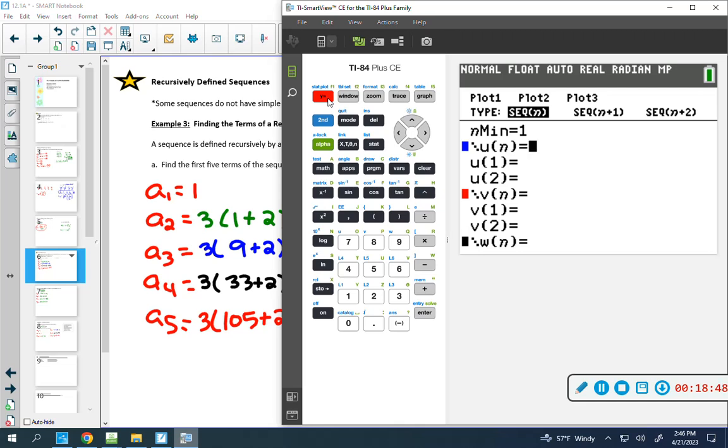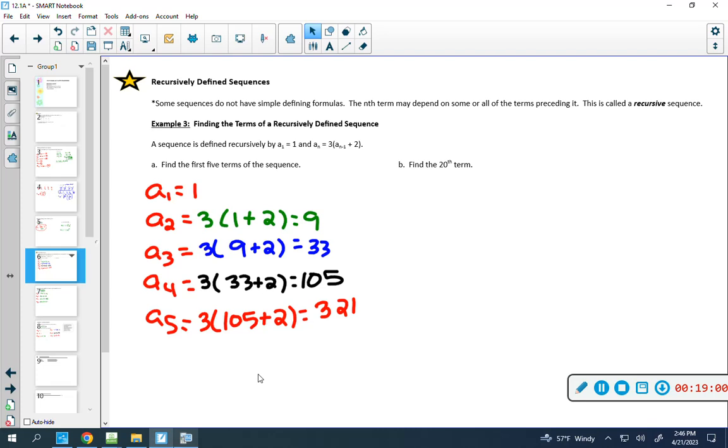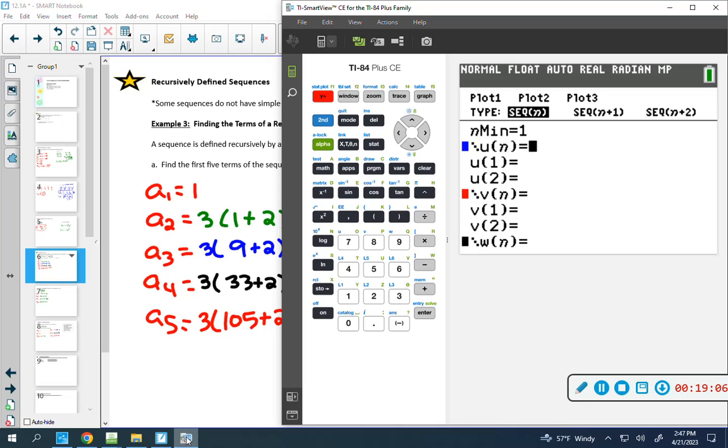How do you like that? Okay, so this, I'm assuming, is already defaulted to 1. It usually is. Double check that, okay? And we're going to put in our formula here. So I'm going to show you how to type that into the calculator, okay? Let me get my calculator back out. So you've got the 3, like we had the 3, obviously. Throw in a parenthesis.